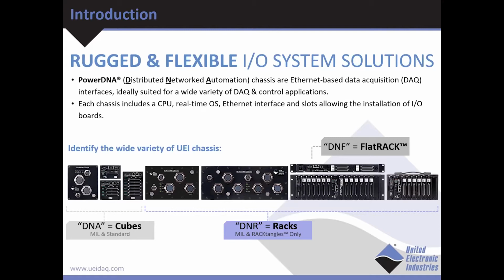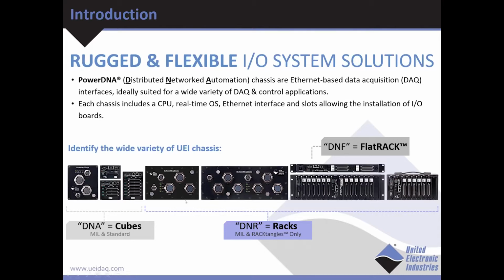So the picture here shows the family of the UEI devices. On the left, we call them the cubes, or the DNA chassis. These are compact chassis, ideal for laboratory and in-vehicle applications. We also have a military spec version of the cube for applications which require IP rating.